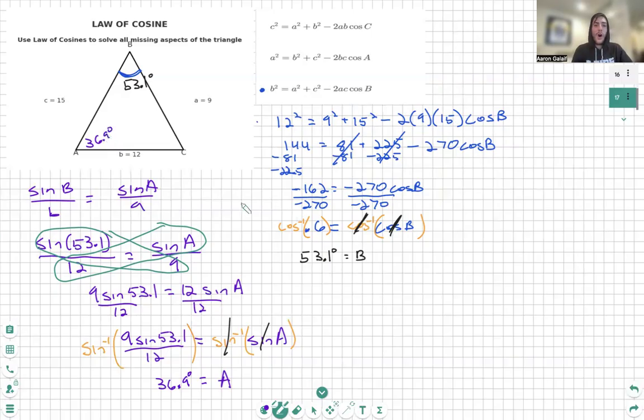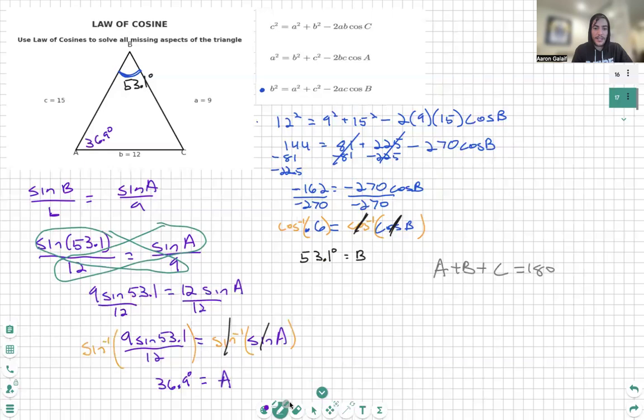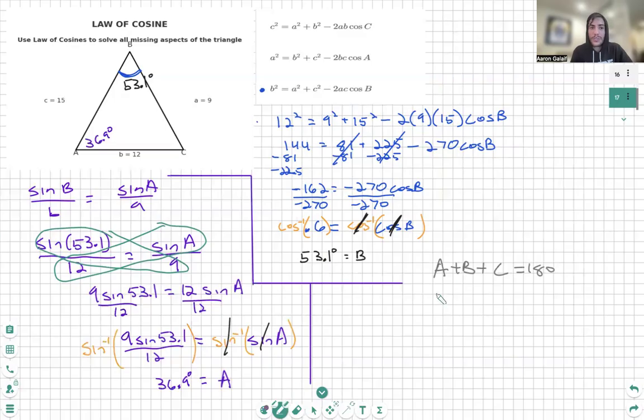I know all of the angles add up to 180. A plus B plus C equals 180, right? We know this. Let's make this a little more organized by putting some separations here. So we already know this, and we have two of the angles. So I can write, well, A is 36.9. B is already 53.1.